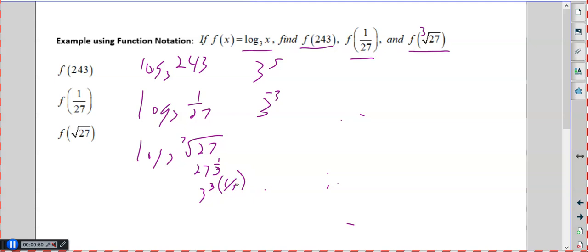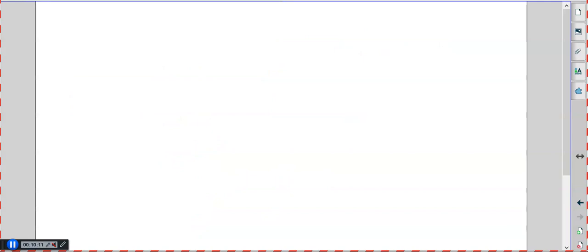And 3 to the 1/3 is simply just 1. So what we end up with is log 3 of 3 to the 1. And when those numbers are the same, it's just the first power. That's it.